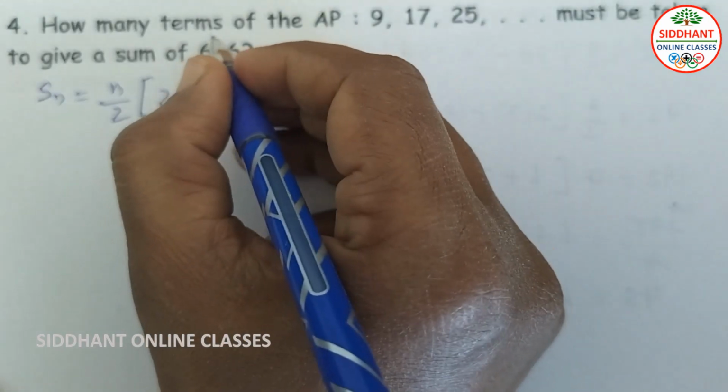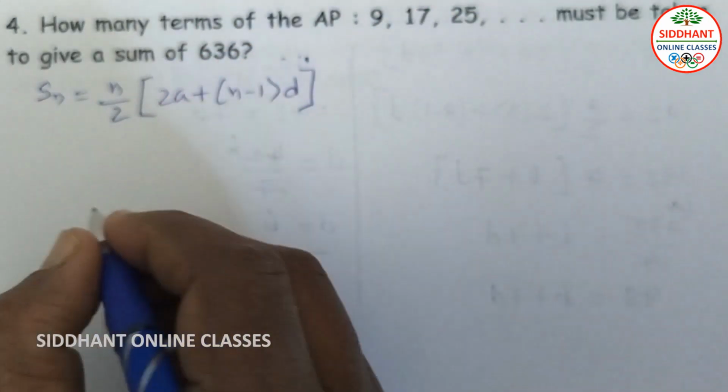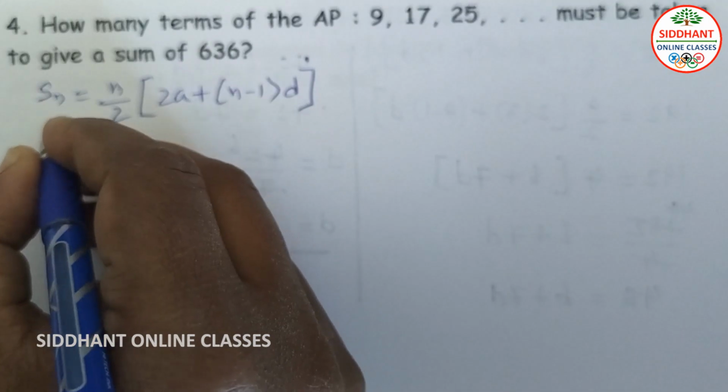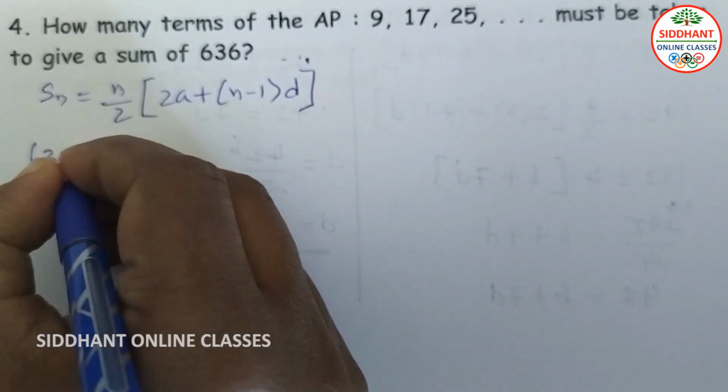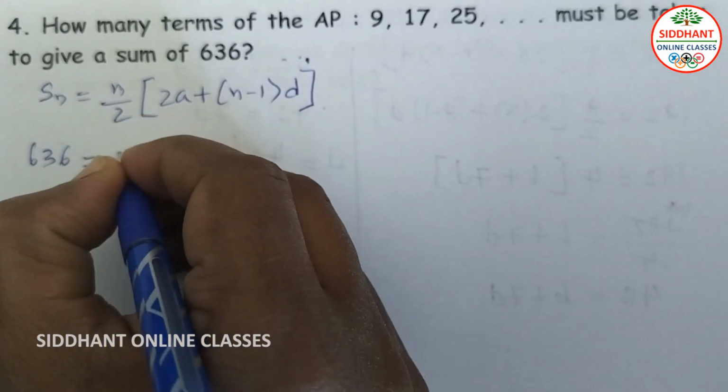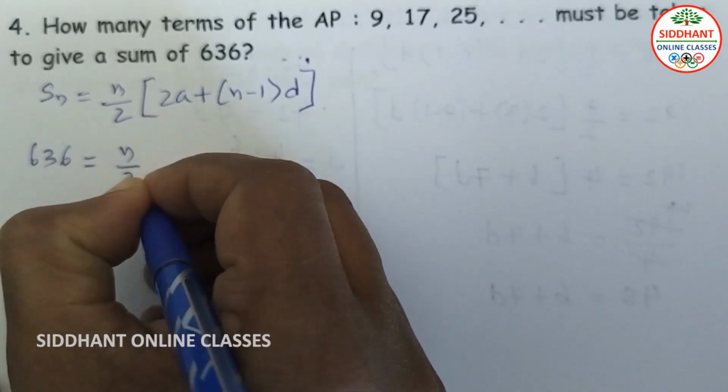Here we are going to find the number of terms. Sn is the given sum, which is 636. N we are going to find out.